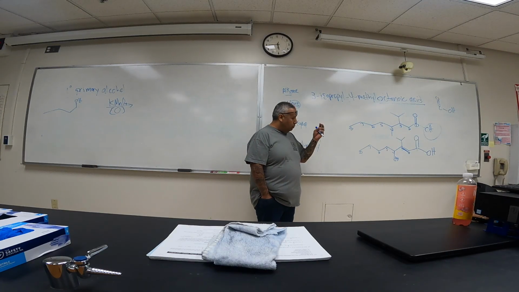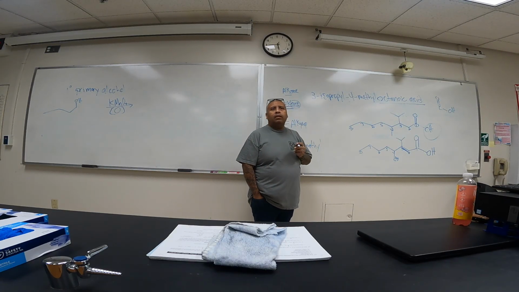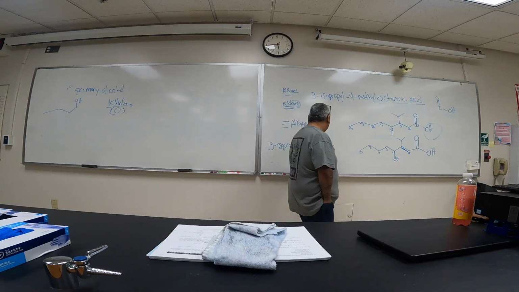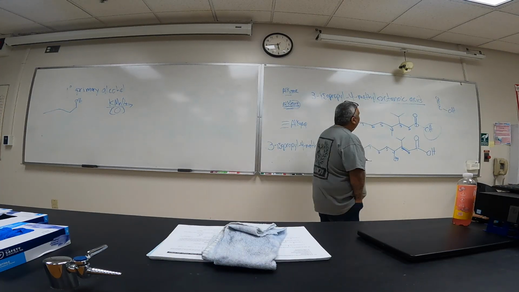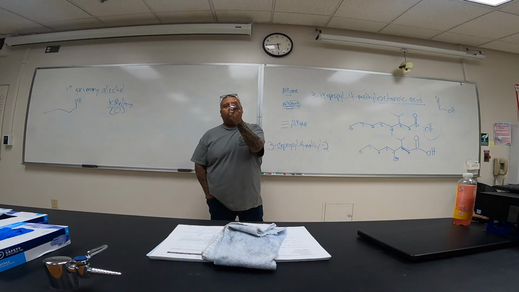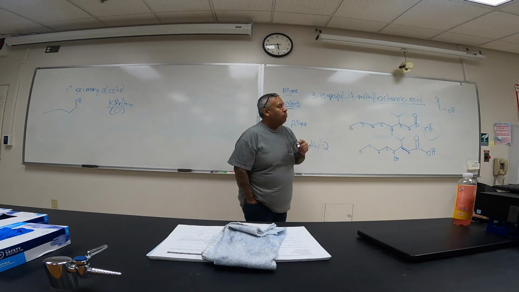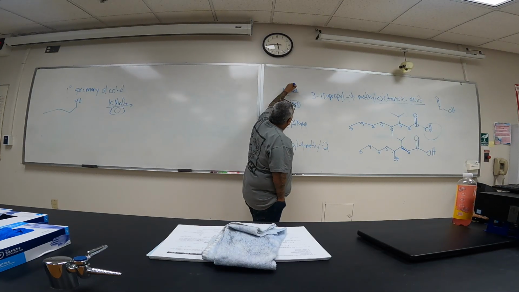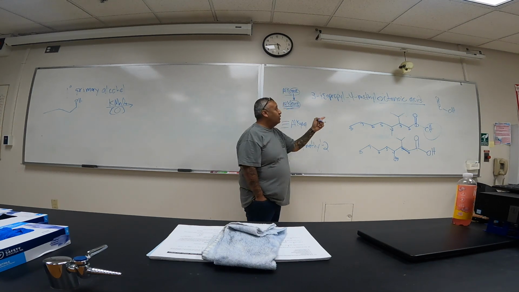Brian, where does the double bond begin in this structure? On carbon number 2. And would it still be octanoic acid, or would we change that, Brian? Change it to what? Alkene. So it's an alkene.